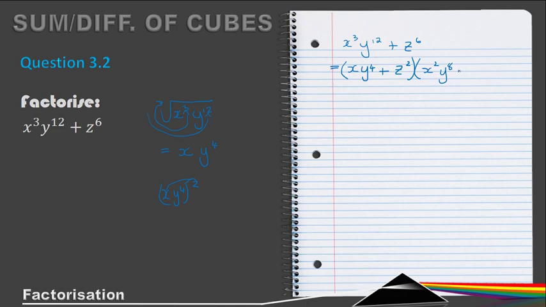Then the opposite sign is a minus, then we multiply these together, so this will just give us x y to the power of 4 z squared, always a plus, and then square the last one. That gives us z to the power of 4.